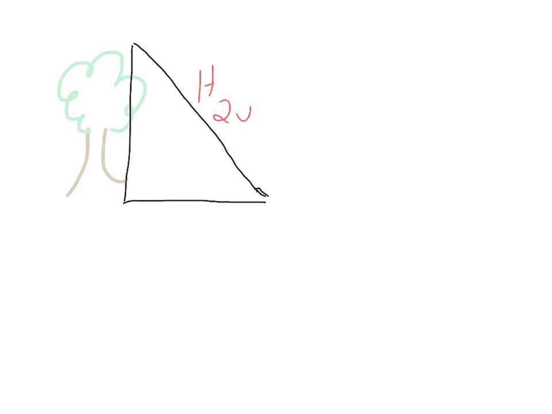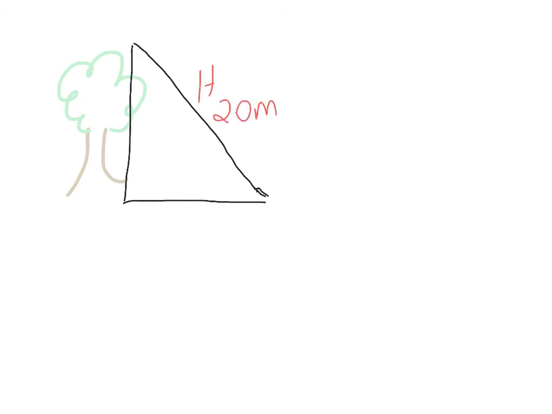With our angle, we could put our triangle like this. Let's say we know what our hypotenuse is. Here we've got our H, and let's say that's 20 metres.